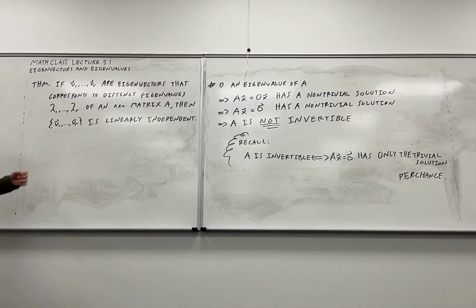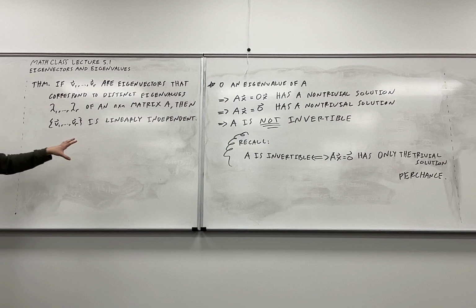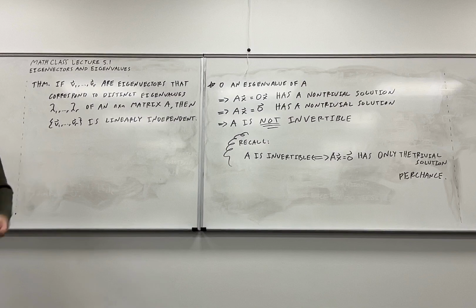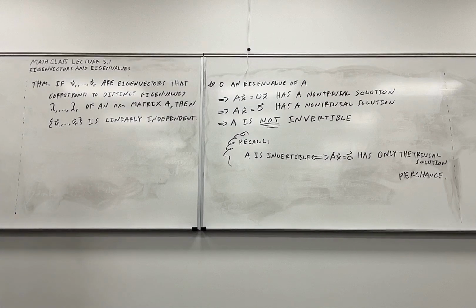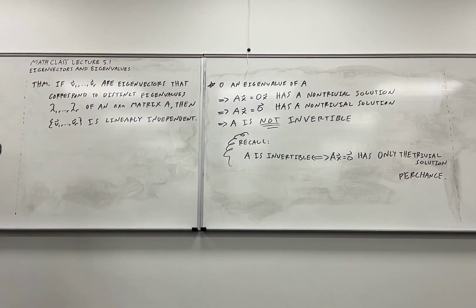Now, if you're dealing with a triangular matrix, and you want to see if this echelon form is invertible, that is a 1-second test. You look at the diagonal, and so long as none of those diagonal entries are 0, you are going to be invertible. If there is one 0 on your diagonal, boom, gone, it's not going to be invertible.